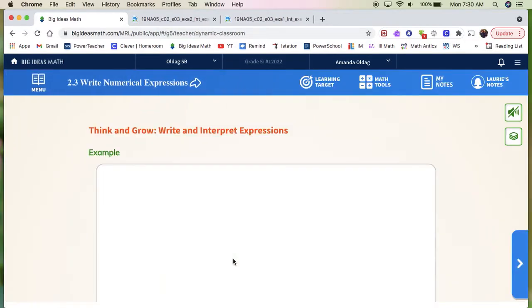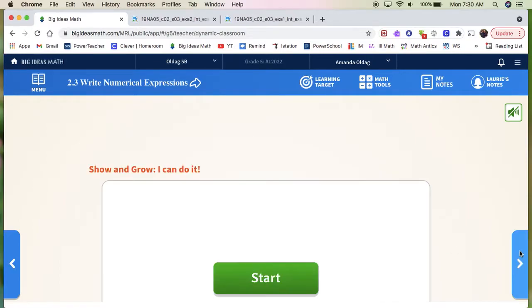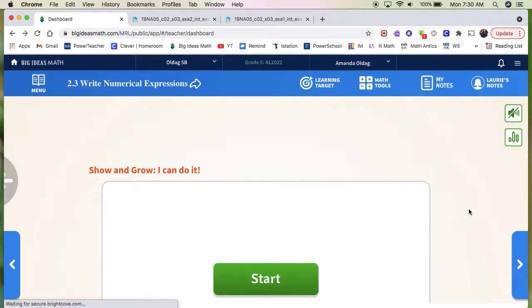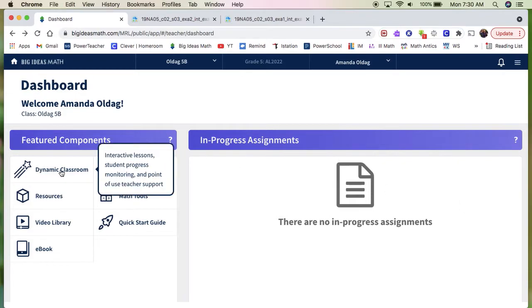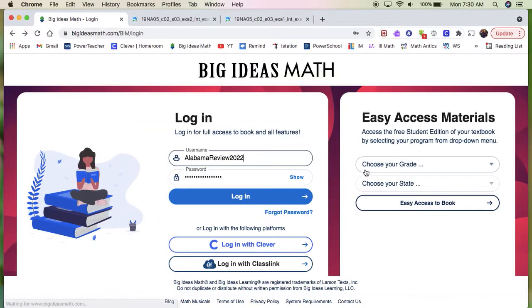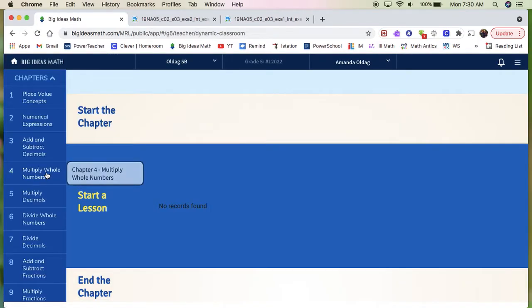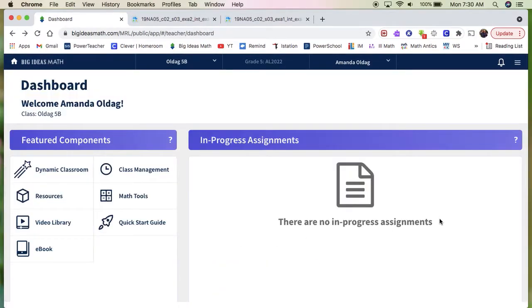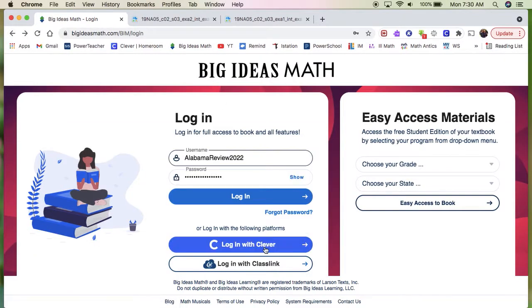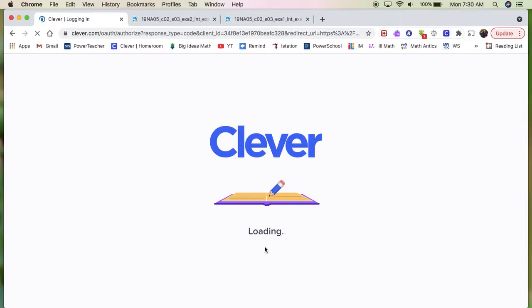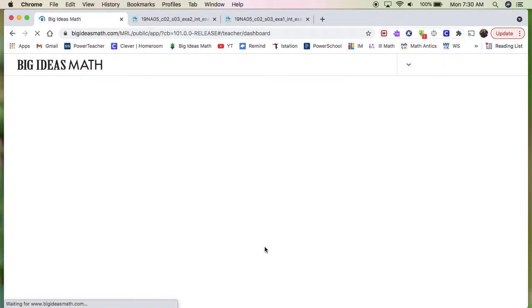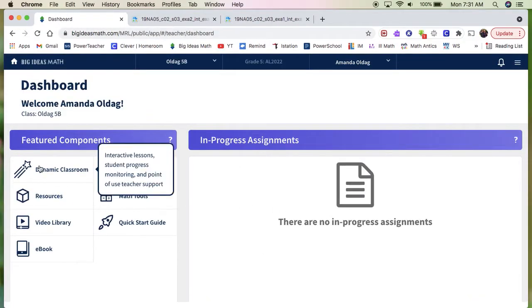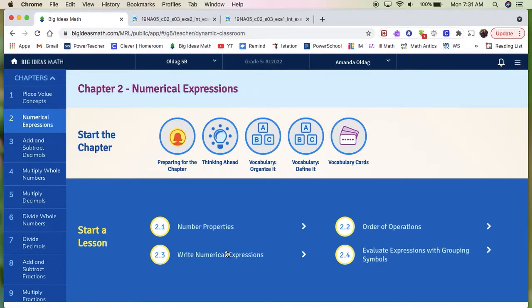This happens quite frequently in class. All right, here we go. Show and Grow. I can do it. Wow, really apologize. I do not know what it's doing. I'm trying to do this on my personal computer, so I practiced last night and it worked.